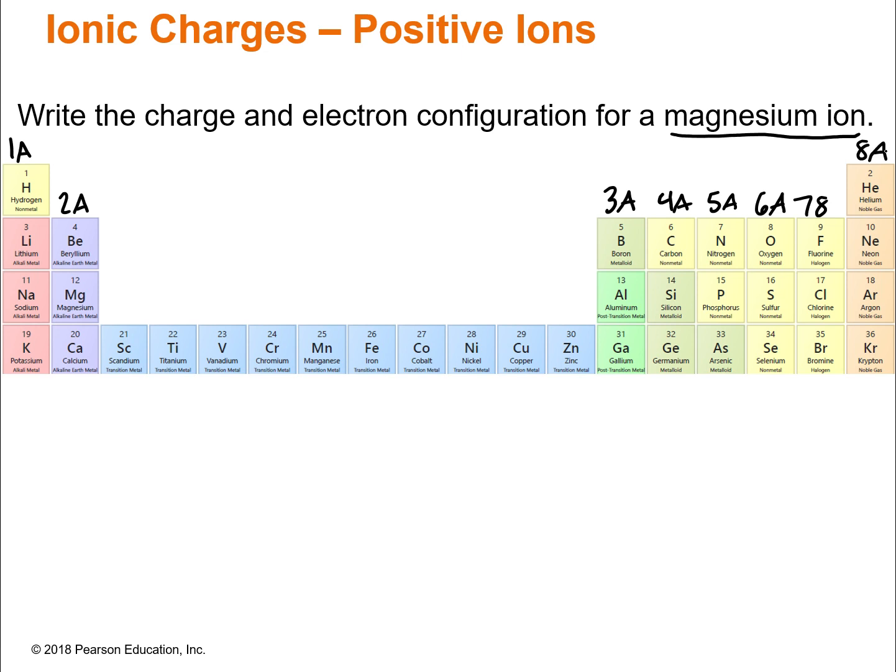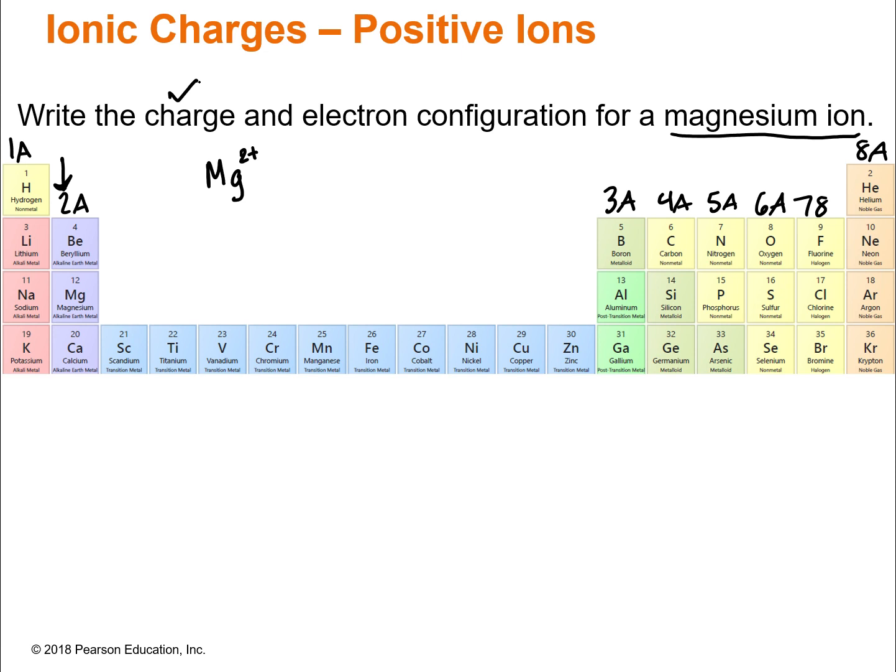What is the charge of a magnesium ion? It should be 2+, because it is in group 2A. Boom, done. That's the charge.